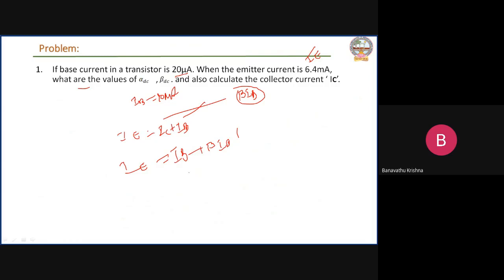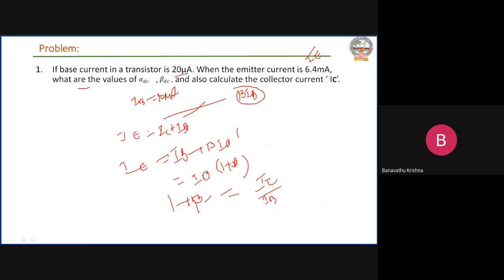The common factor here is IB, that is 1 plus beta. Then 1 plus beta equals IE by IB.